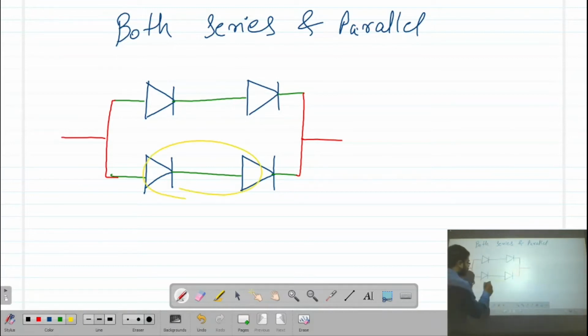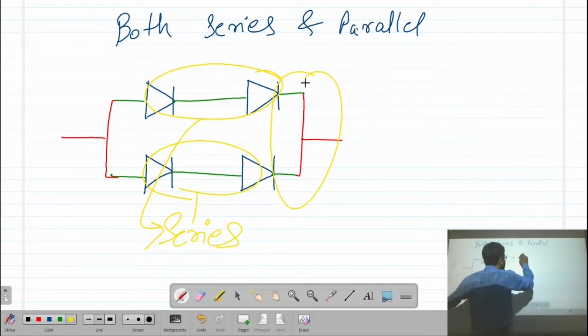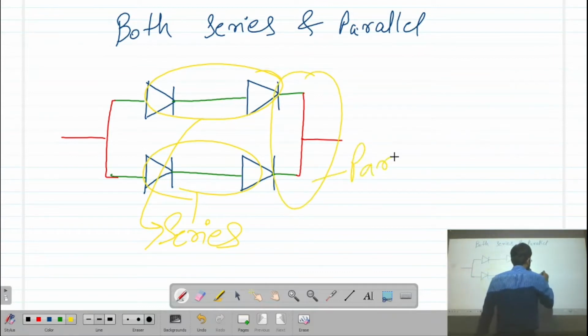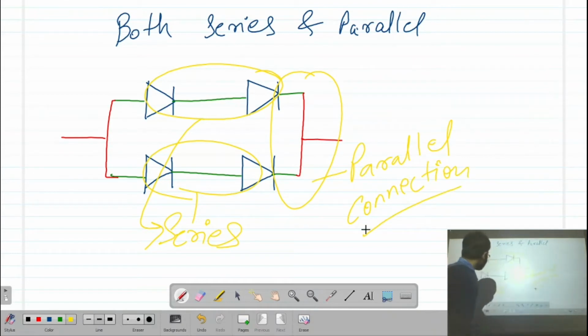This is series connection. This is also series connection. And this one is the parallel connection.